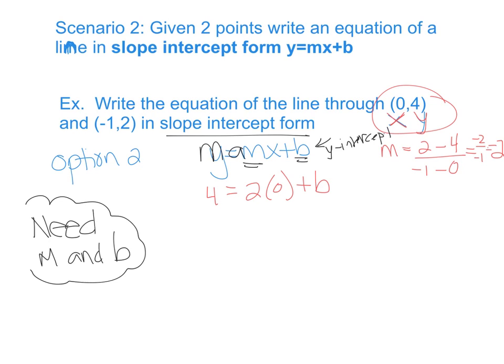So to solve for b, I have 4 equals 2 times 0 is 0 plus b, so I don't even need the 0. So I just have 4 equals b.